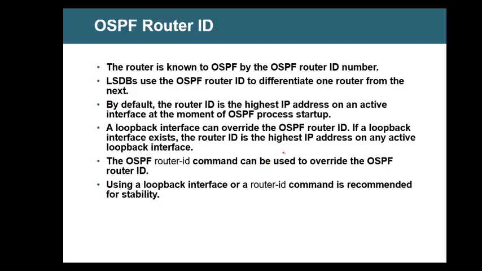You may assign a router ID manually, an ID which doesn't exist. If you do so, that will be given high preference. If you don't do that, the next preference is given to the highest IP address on the loopback interface. The highest IP address on the loopback interface is always preferred as the router ID.